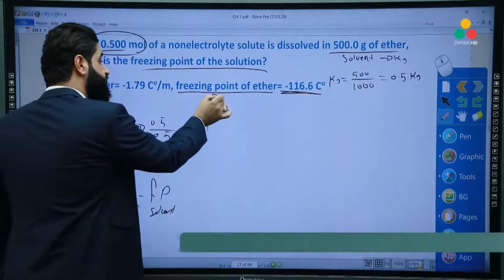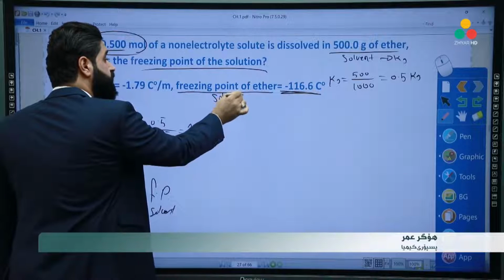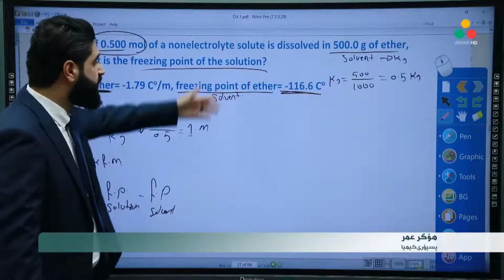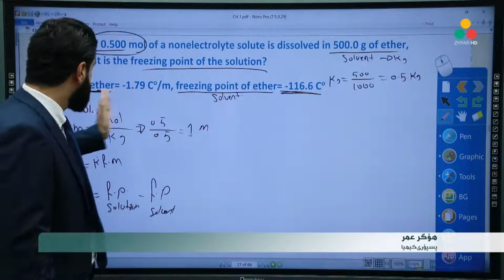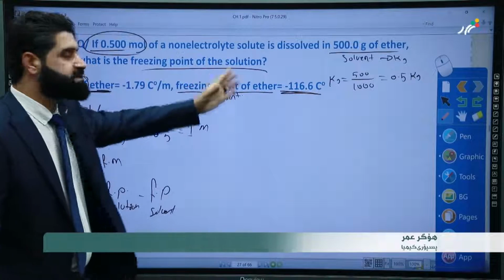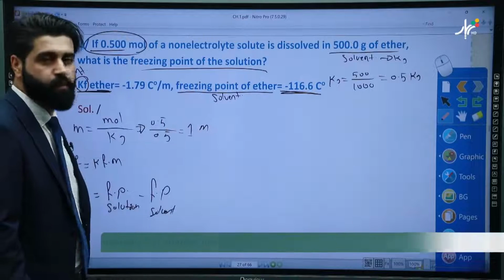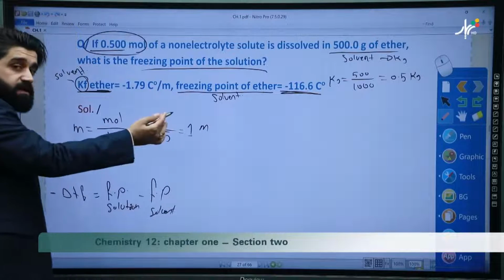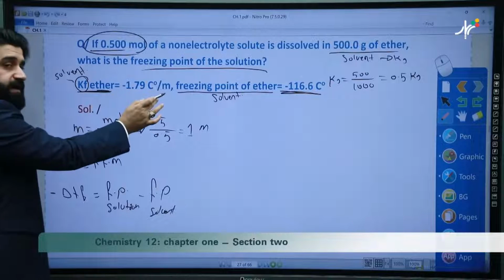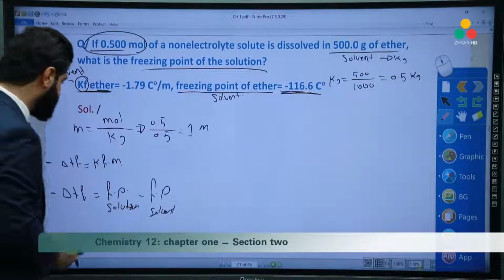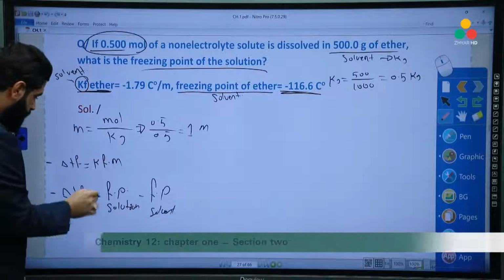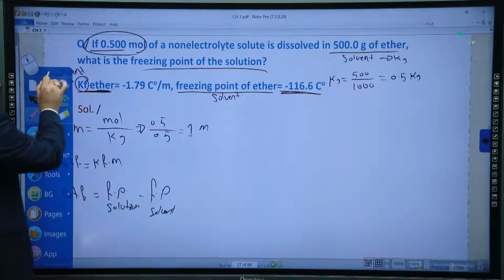So it's the freezing point of solvent. Because the solvent is not water, that's why it's given. Otherwise, this information would be absent. This phrase will be absent if the solvent is water. But because it's ether, it must be given. Even for Kf, it's the same, please. So we are looking for, look.